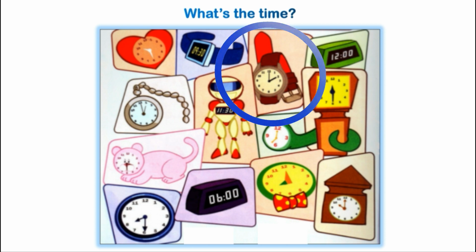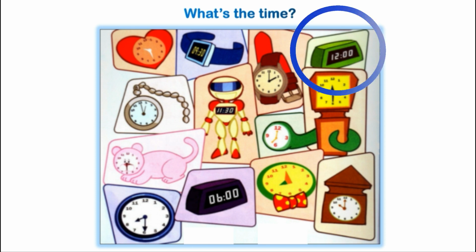Next, let's look at the red watch. The long hand is at 12 and the short hand is at 2. It means 2 represents hours and 12 represents the minutes. It's 2 o'clock. Let's look at the green digital clock.